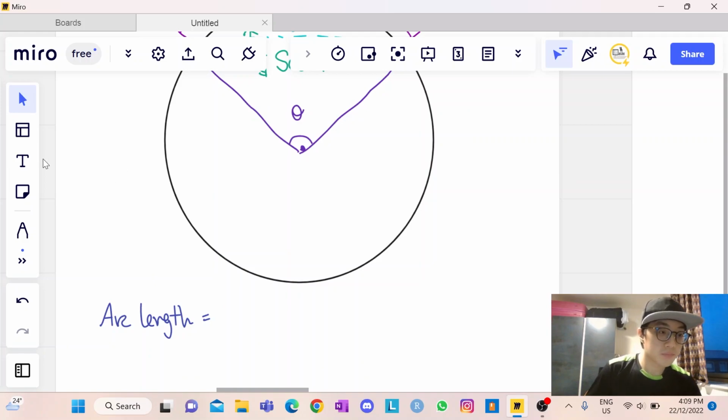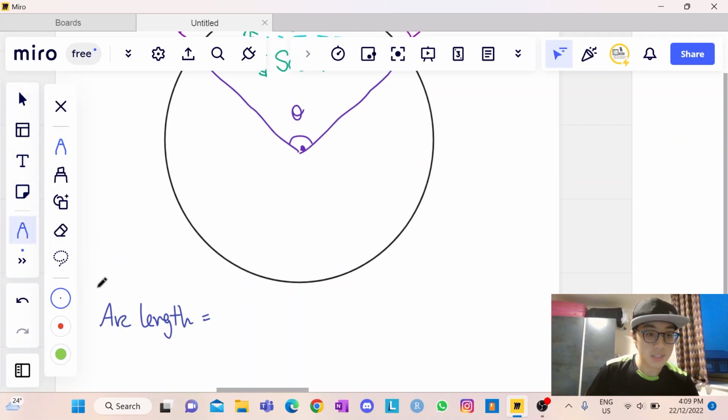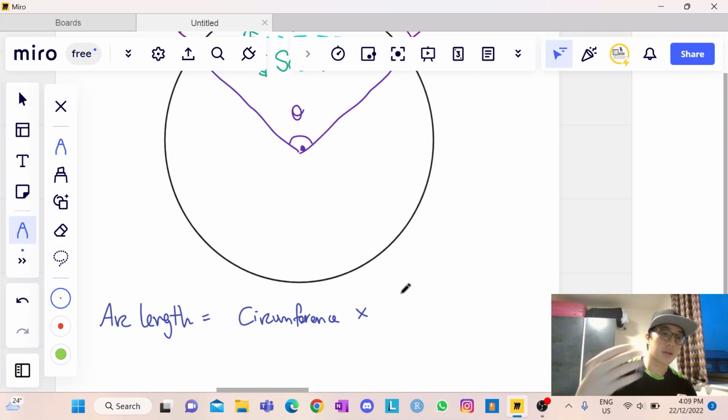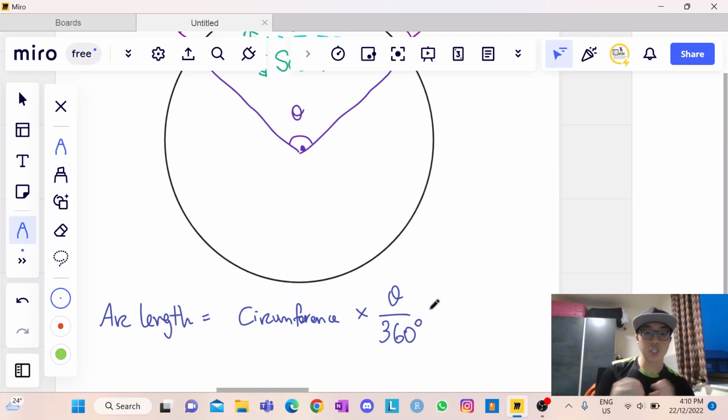So first, the arc length is equal to the circumference of the circle multiplied by theta over 360, because theta is given to you, or you need to find it in some other way. Maybe they give you the area of the sector and you can find theta from there. You know the whole circle is made out of 360 degrees.